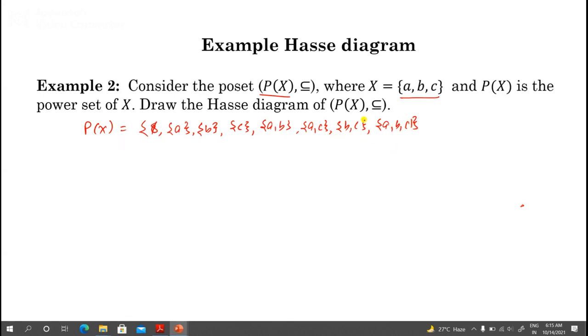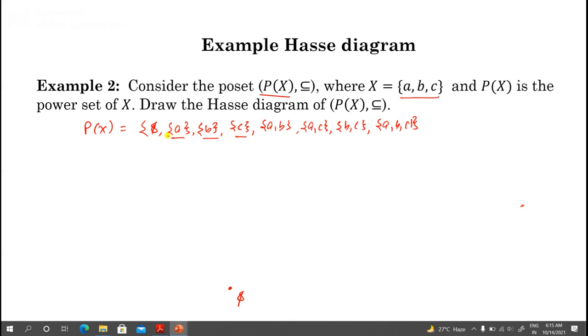Now the relation is contained in. Phi is the lowest element in the hierarchy, so denote this by phi. Now find the sets which are the immediate successors of phi, that means you can write a, b, c. Three sets are there.